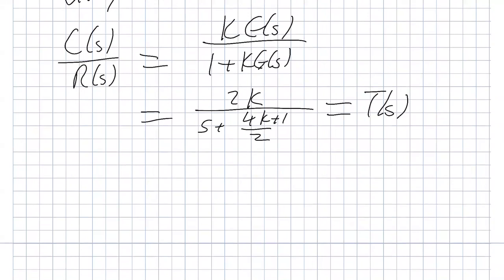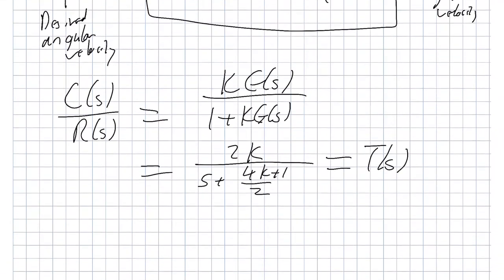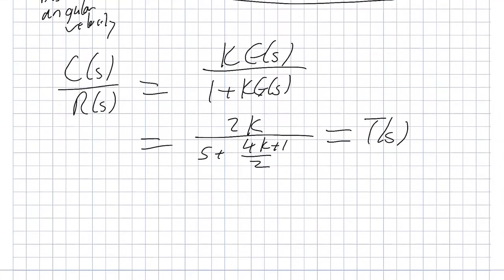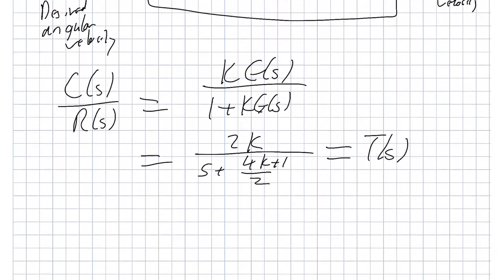All right, so this is T of S, and just to remind you, K G of S was 4 over 2s plus 1.